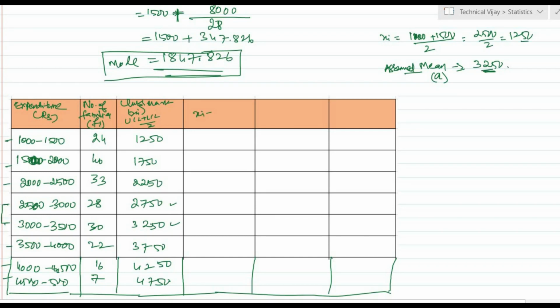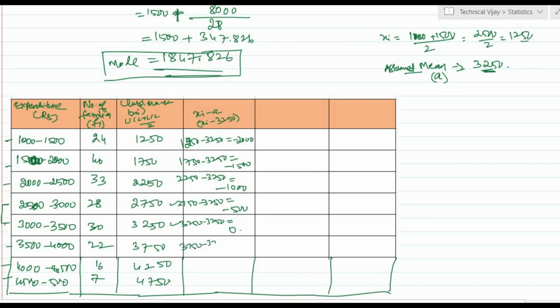Now we have to calculate xi minus A, that is xi minus 3250. 1250 minus 3250 is equal to minus 2000. 1750 minus 3250 is minus 1500. 2250 minus 3250 is minus 1000. 2750 minus 3250 is minus 500. 3250 minus 3250 is equal to 0.